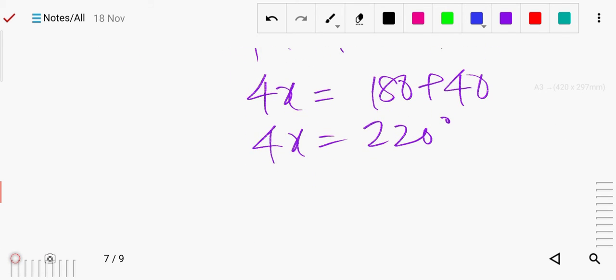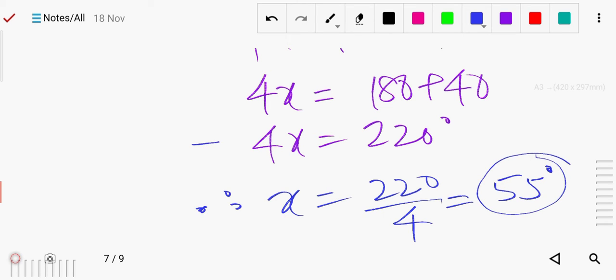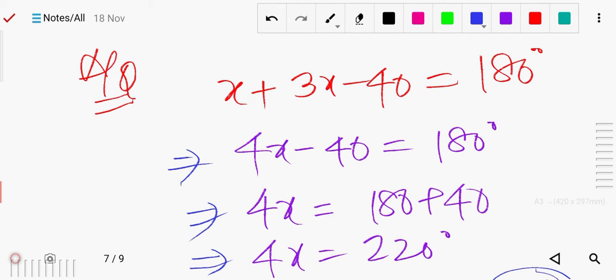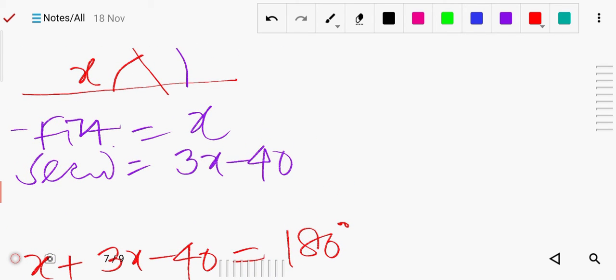Now we have to find the value of x, so x equals 220 by 4, you will divide and get 55 degree. So the value of x is 55 degree. Now we will put this in our assumption.